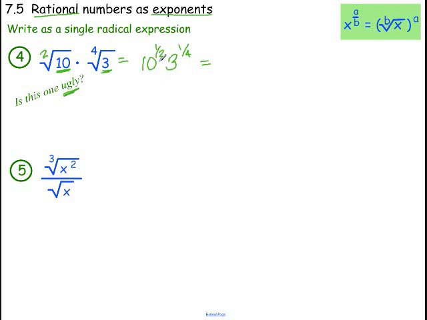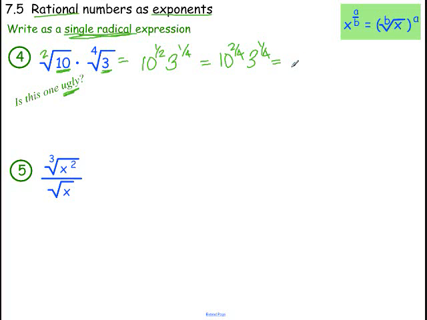If I could get these both to have the same index, then I could have a single radical to express them. And 1/2 can certainly be changed into fourths, can't it? That would be 2/4. It's the same as 1/2. And then we've got 3 to the 1/4.